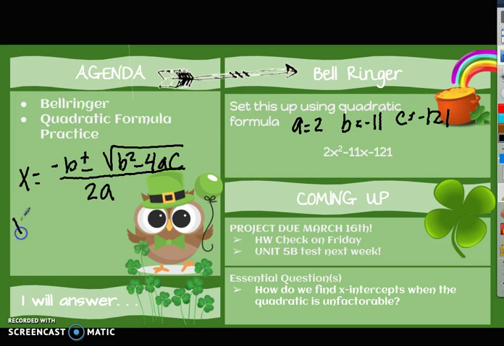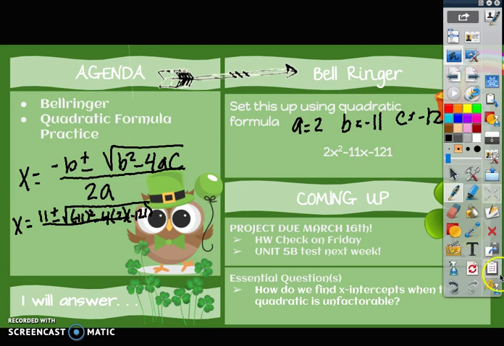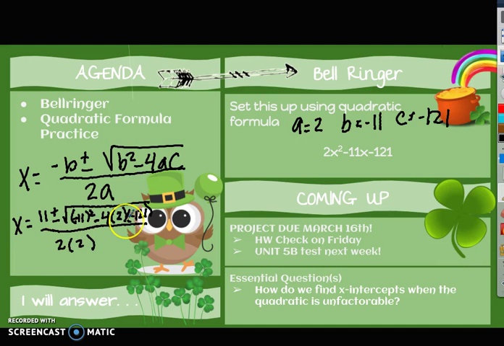So we have X equals negative, 11 plus or minus the square root of negative 11 squared, minus 4 times 2 times negative 121, all over 2 times 2. Okay, so that's set up.